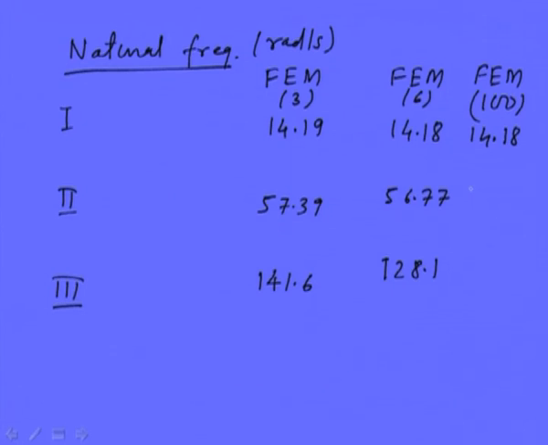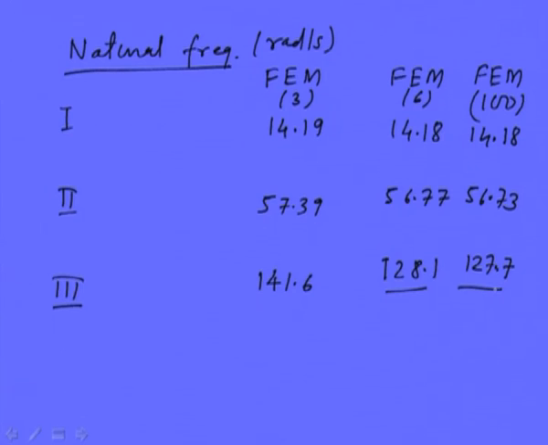So hardly any improvement with the increase in the elements for the first one. The second one slightly improved, the third one has some improvement, but now it is quite close to the previous one.